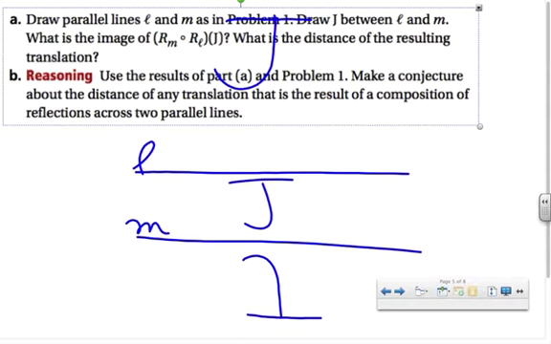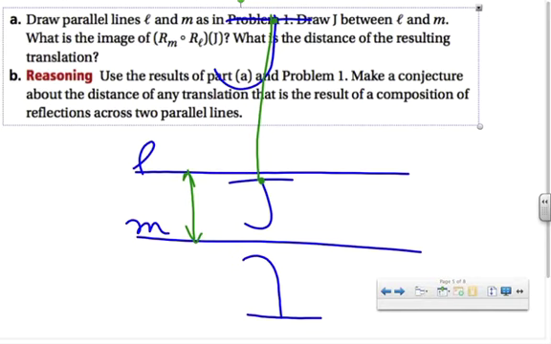And once again, this is a gross estimation, this is not exact, but the point that I'm trying to emphasize to you is if you compare the distance between these two parallel lines to the distance between these 2 points on the J's, what I would want you to observe is that the distance of the translation is once again twice the distance between the parallel lines.